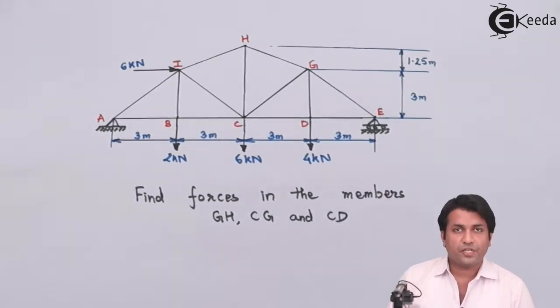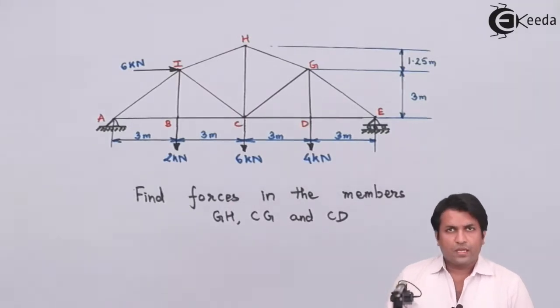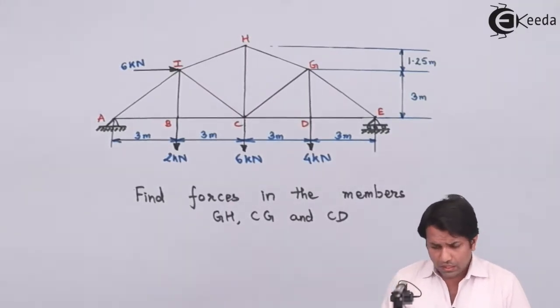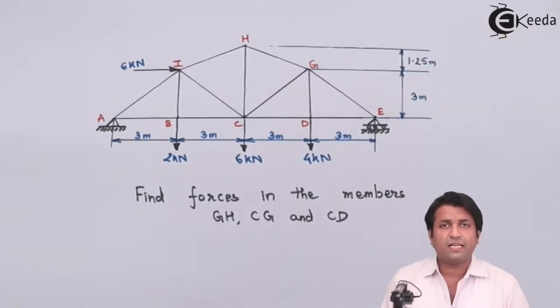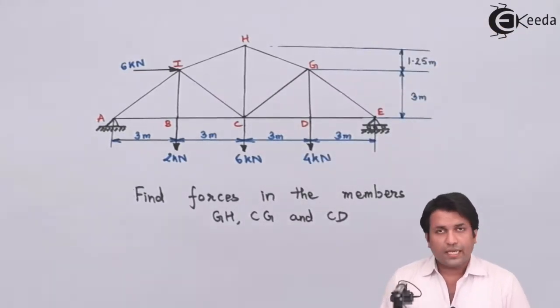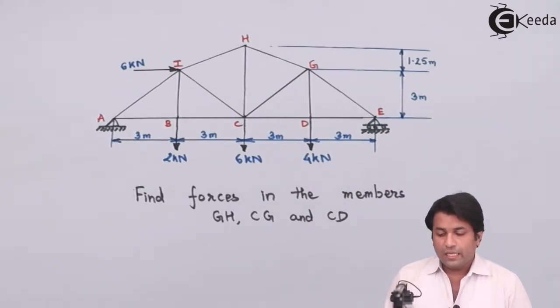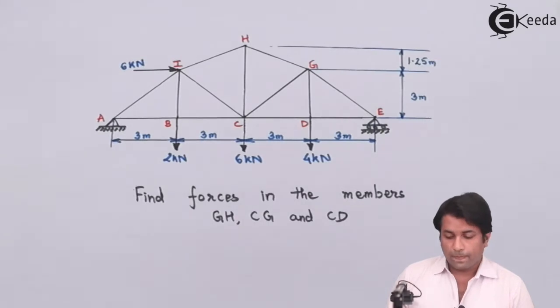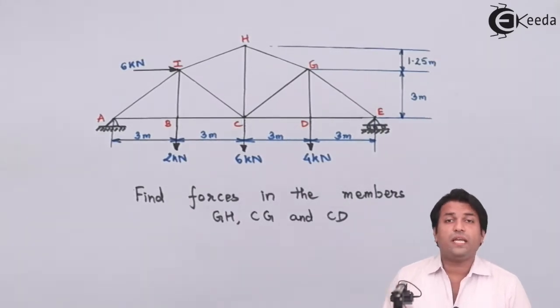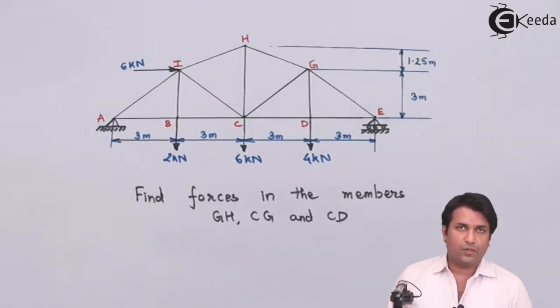There might be a special case wherein you might have to cut more than three members, but that would be very rare. Now, if I draw one vertical line over here, and if I say that is going to be the section plane or the cutting plane, then in that case, I'm having only three members. And those are the three unknown forces that I need to calculate.